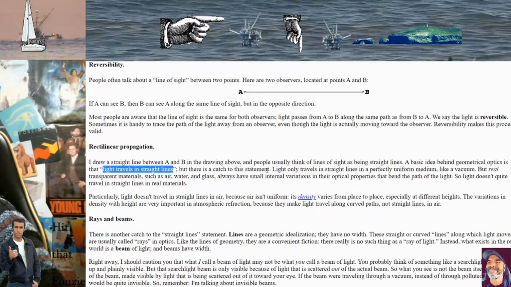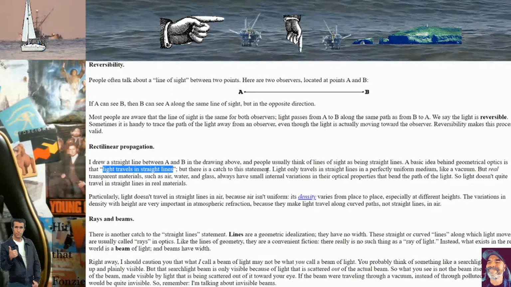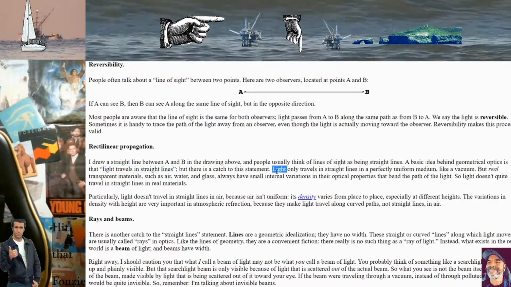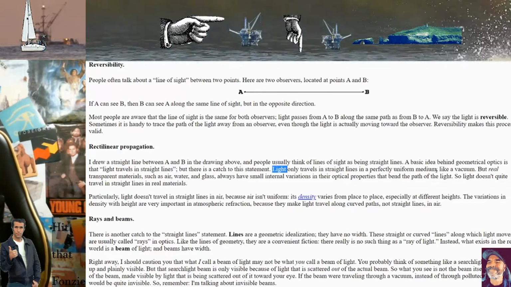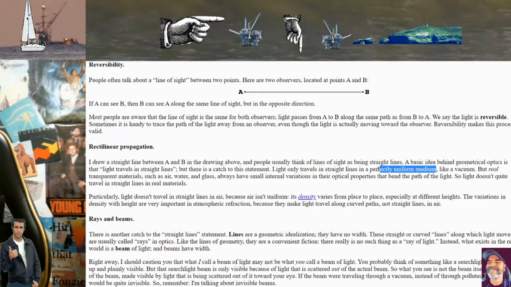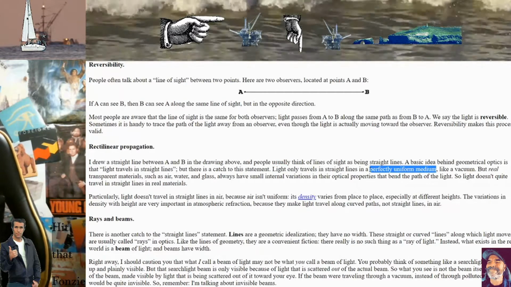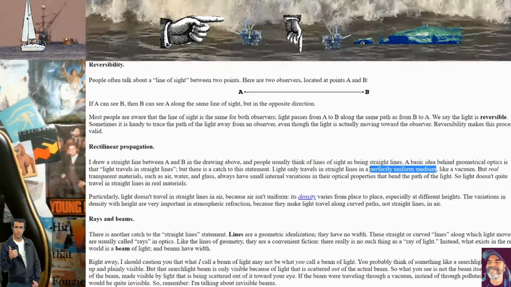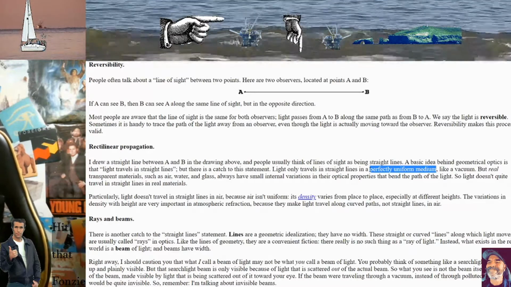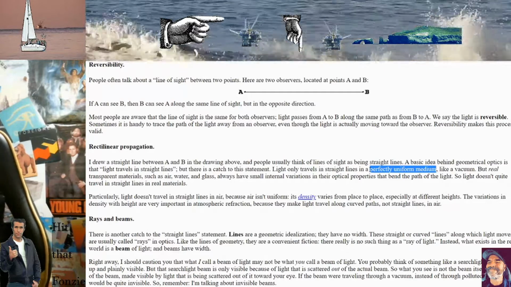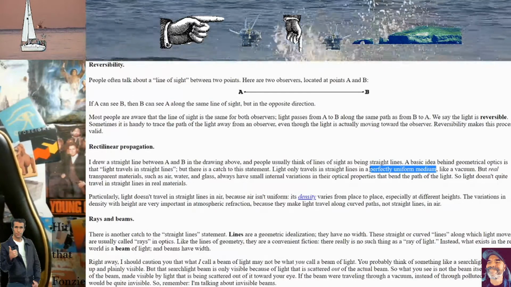All right? Light only travels in straight lines in a perfectly uniform medium. All right? And as we know from the previous reading on Andrew Thomas Young, air is not a homogeneous medium.